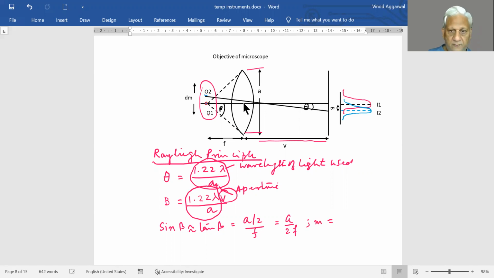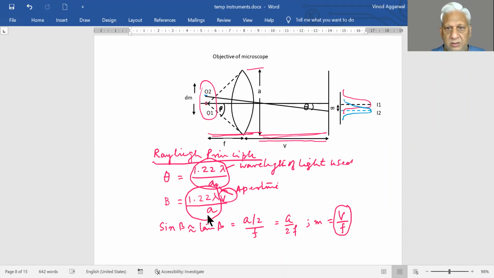Magnification is defined as size of image over focal length. Why is it V by F? What is V? V is this distance and F is this distance.